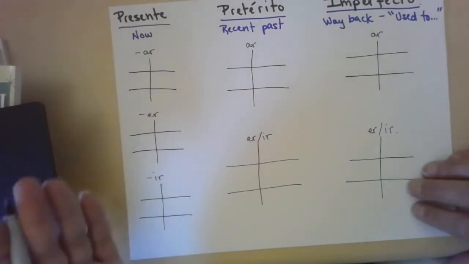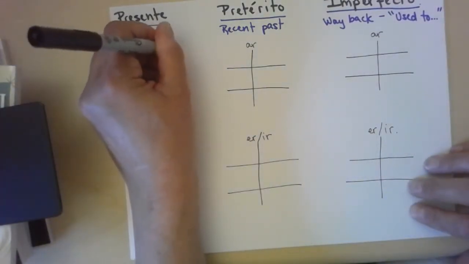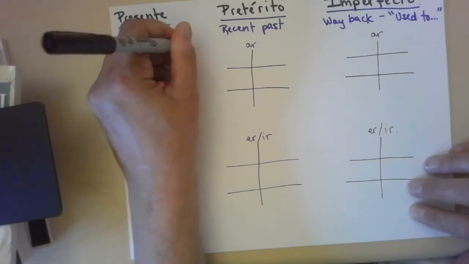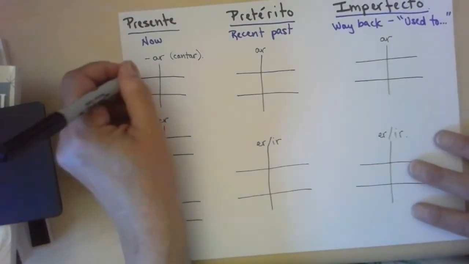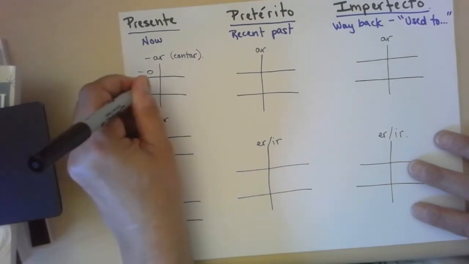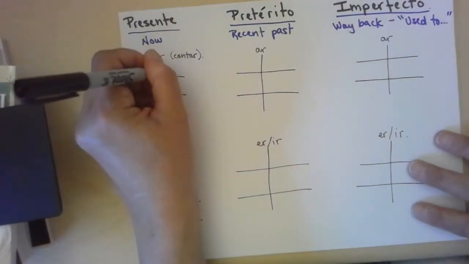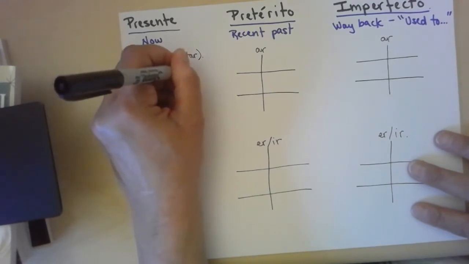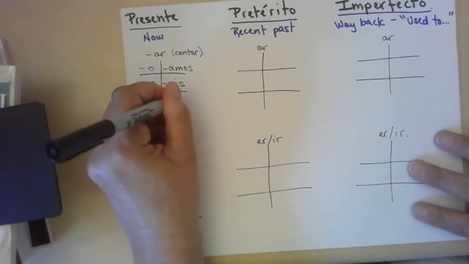So for AR verbs, let's take a test verb. I always like to use a test verb, cantar, because it just sounds weird doing it with no verb reference. So I would say yo canto, tú cantas, él, ella o usted canta, nosotros cantamos, vosotros cantáis, ellos, ellas, ustedes cantan.